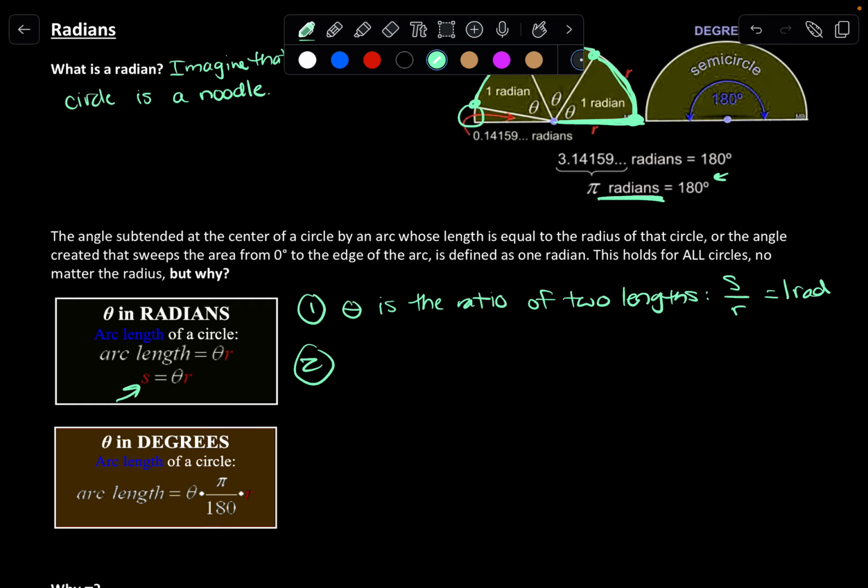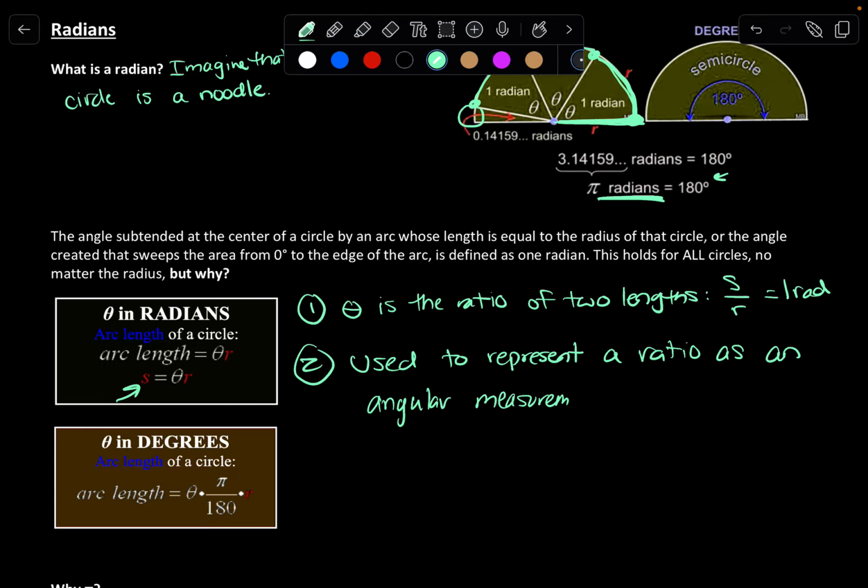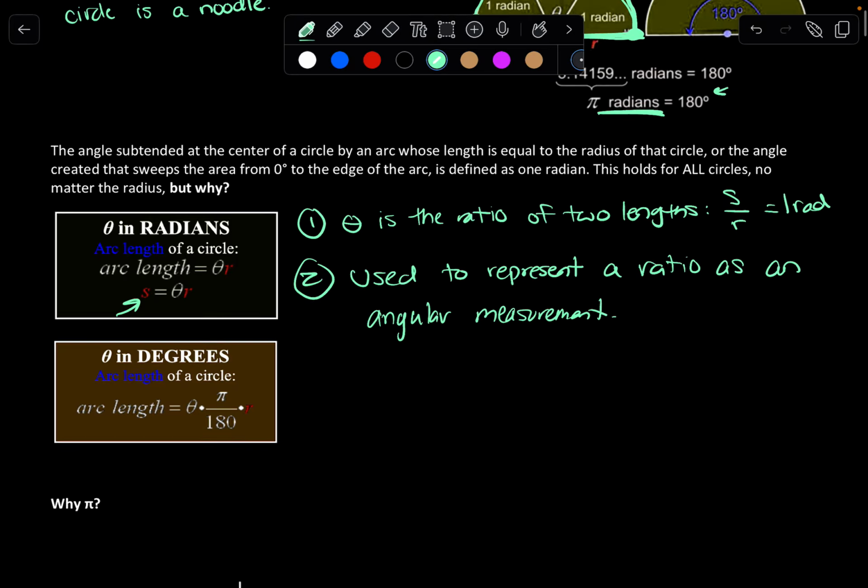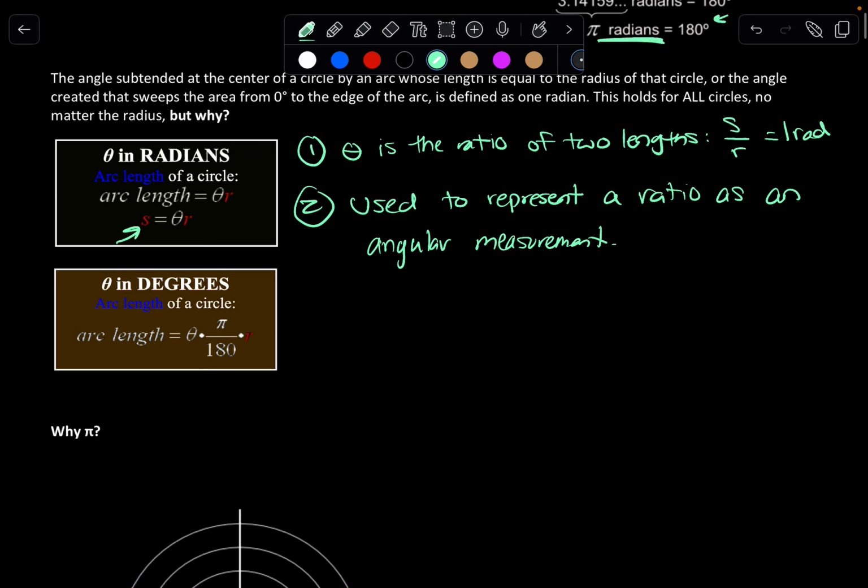However, radians are used to represent a ratio as an angular measurement. And basically we get 1 radian when the arc length is divided by the radius, and it's equal to 1.